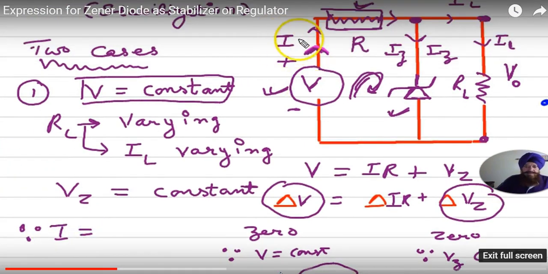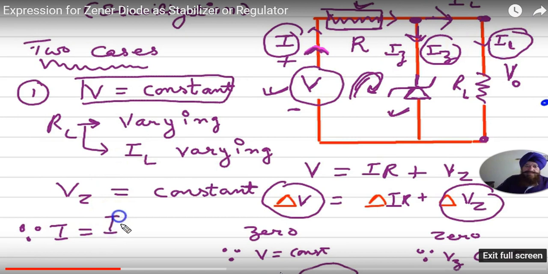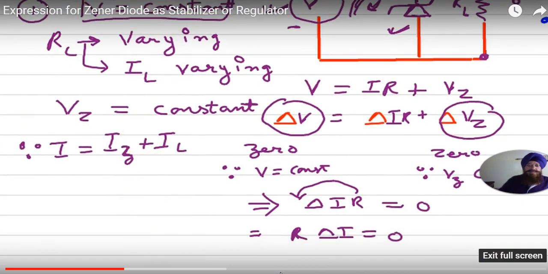So now I is equal to what? I equals IZ plus IL. Now applying delta to each term, delta I equals delta IZ plus delta IL.